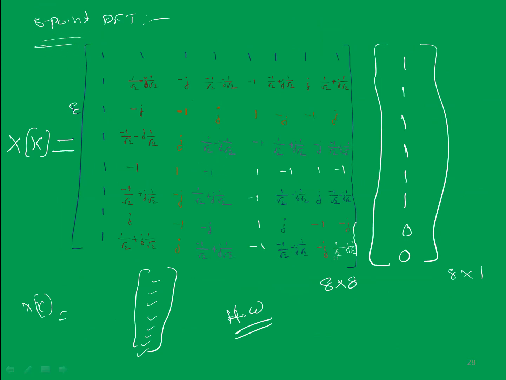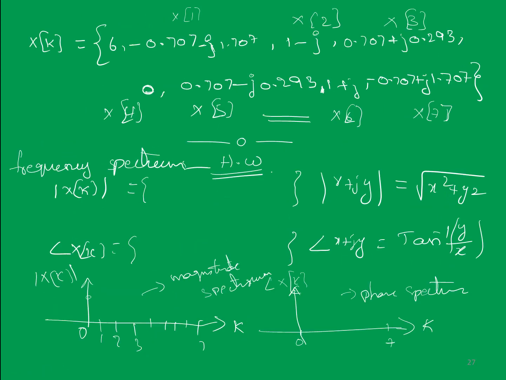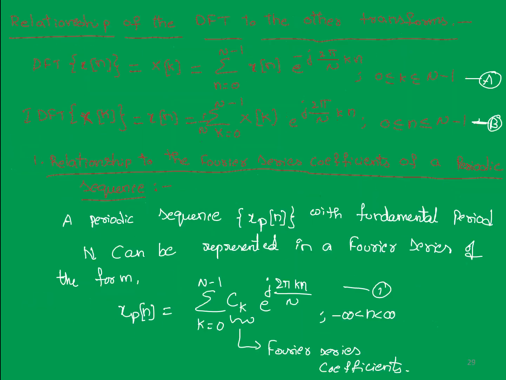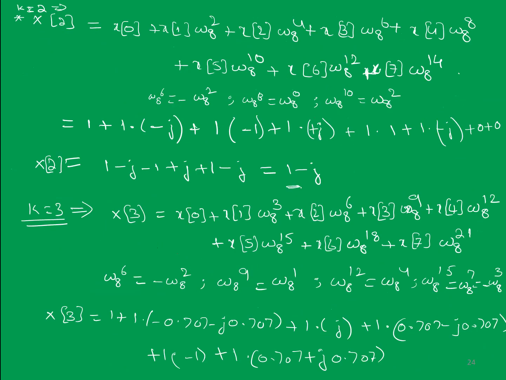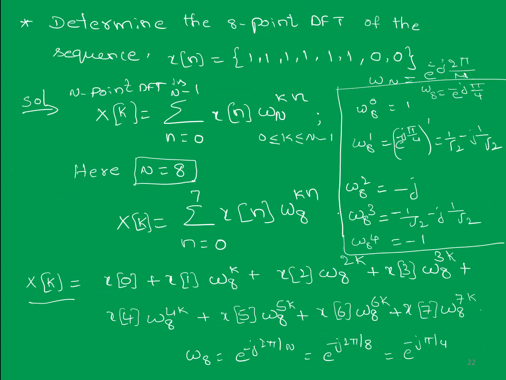Firstly place the kernel, as I said in the previous video, then consider x of n, do the multiplication, and find x of k. Choose the method you find interesting, but if you choose this method, first place the definition and expansion, and then place all the elements.